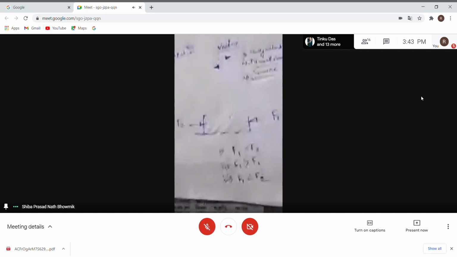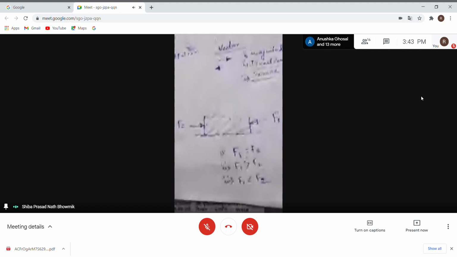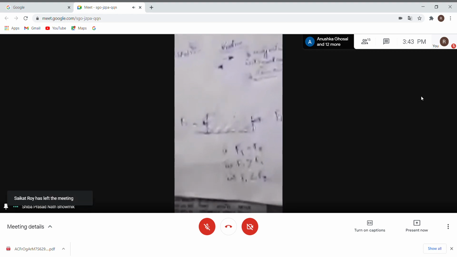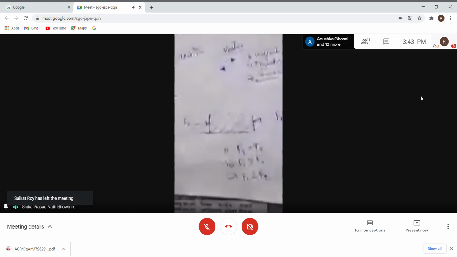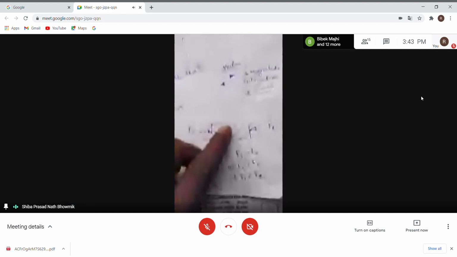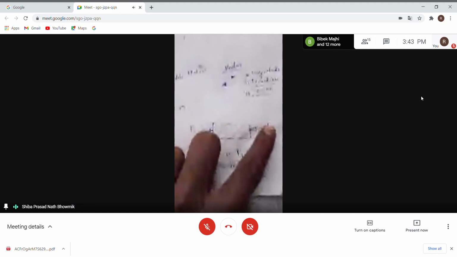That means depending on the direction as well as the magnitude, the object will move. If F2 is greater, then the object will move left to right.